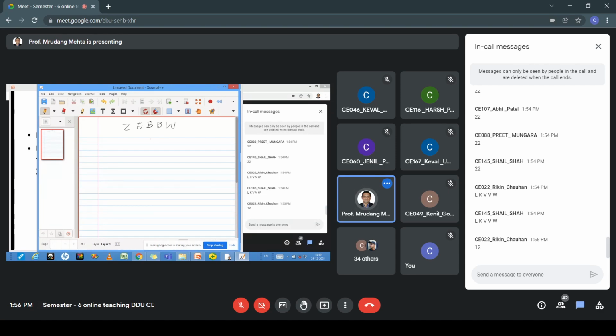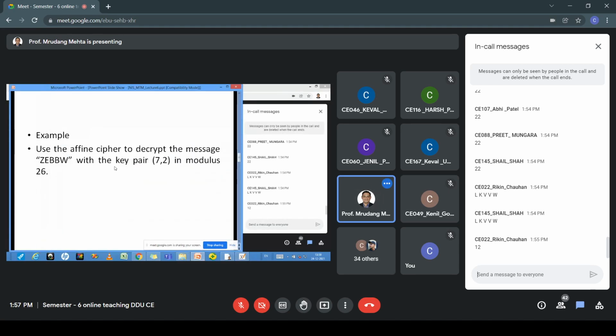What are the key pair values? 7, 2. So how will you perform decryption? Please try to solve this problem. All of you solve this problem.